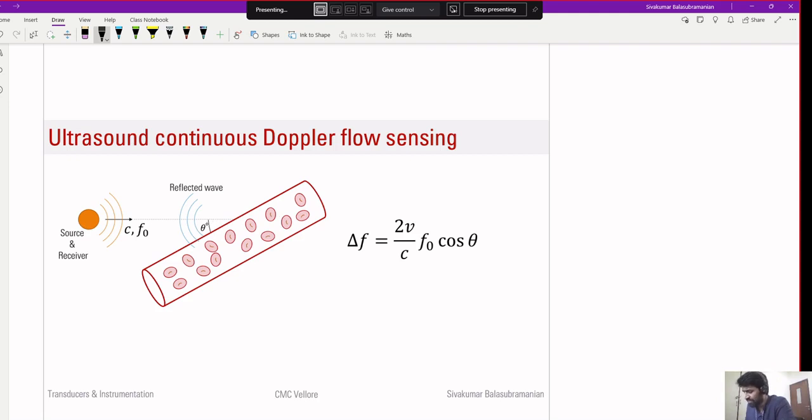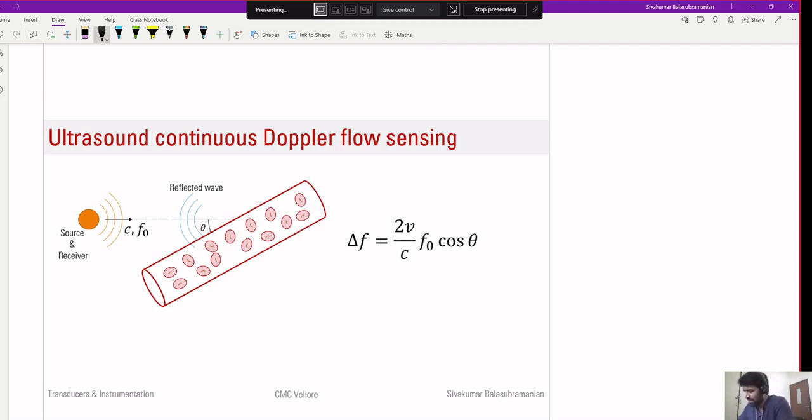It's this reflection that we pick up, and the difference between the transmitted frequency and the received frequency will tell you something about the velocity of the RBCs, and so the velocity of the blood.